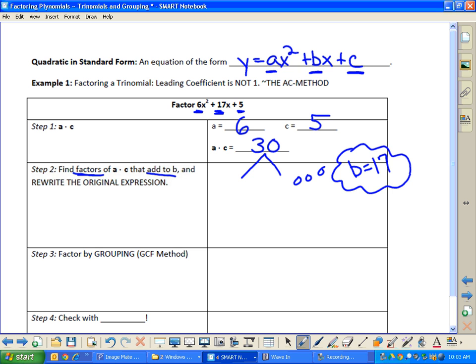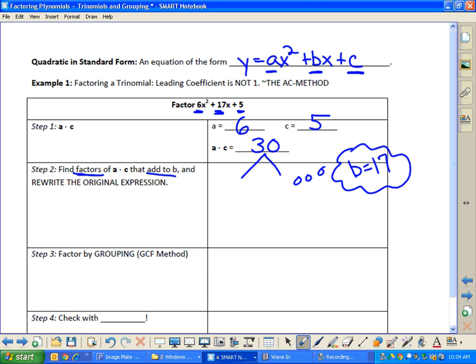So right now I'm thinking to myself, what are two numbers that multiply to give me 30, but when I add them together, have a sum of 17? I'll repeat the question so that everybody has a chance to think about it. Lots of hands in the air. Good job, guys. Quick on your feet. Smart group of people.